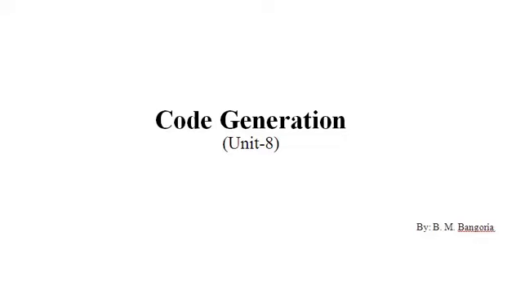In our previous video, I have already discussed code optimization, unit number 7. Explain code optimization techniques. There are different code optimization techniques like compile time evaluation, common sub-expression elimination, variable propagation, code movement, strength reduction and dead code elimination, peephole optimization.